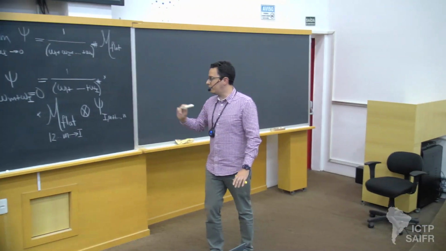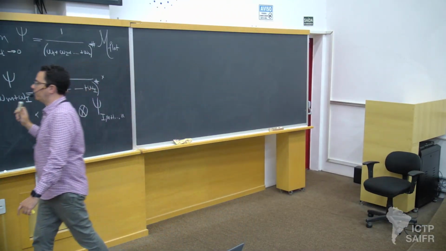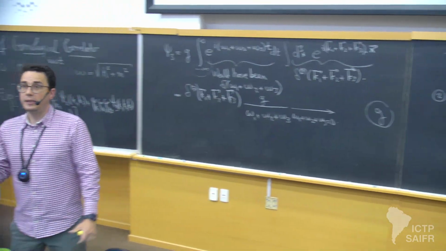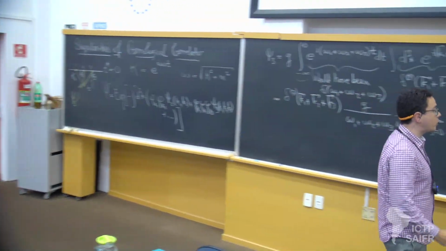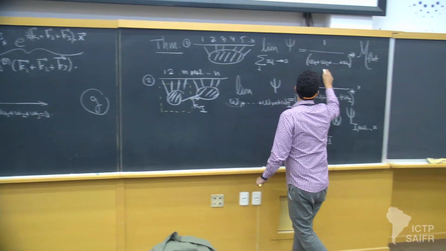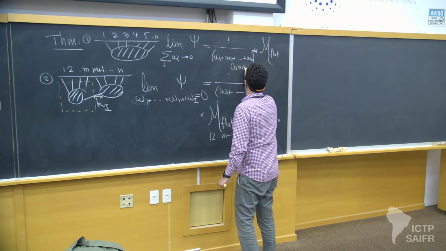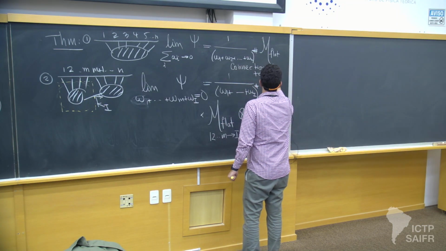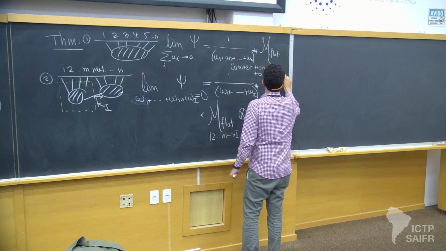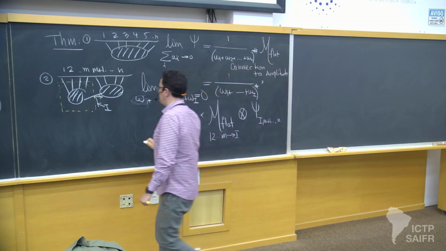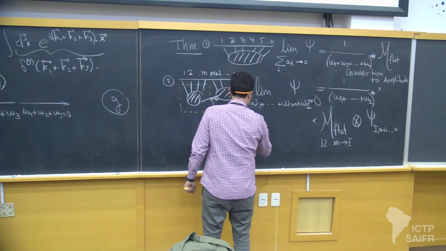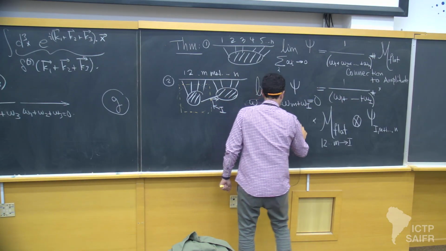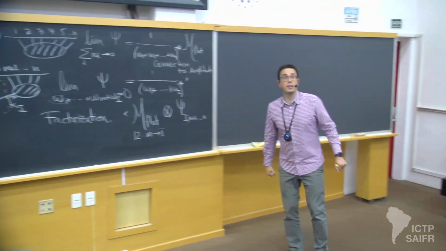But the important thing, what do you get from this? One is you can relate the cosmological correlator to flat space amplitudes. So this is the connection to amplitudes. And this one is factorization, which is the usual avatar of locality in particle physics in an amplitude.